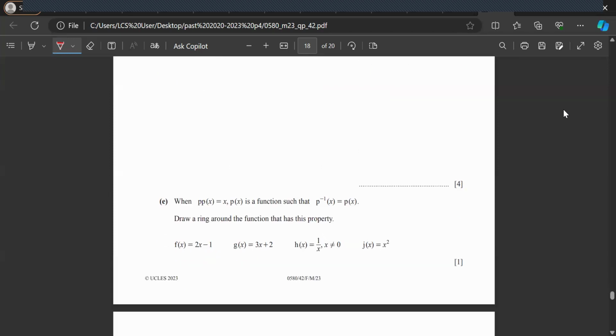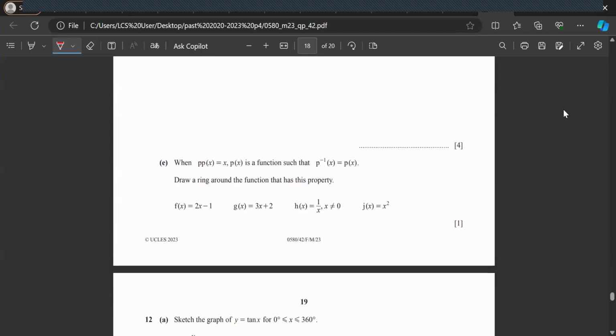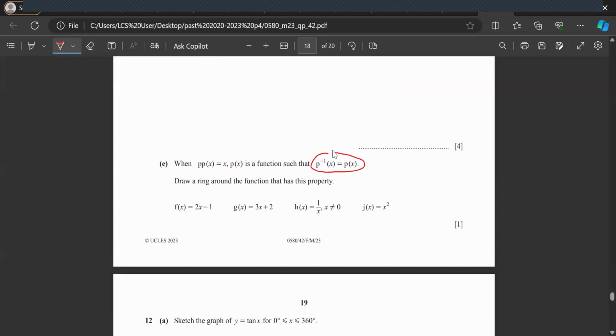This E, I want to say this E. Can you please read it and tell me what you think about it? Look here. What does that mean? That if you get the inverse of the function, it will still be the same. Which of these, if you get the inverse of it, will still be the same?